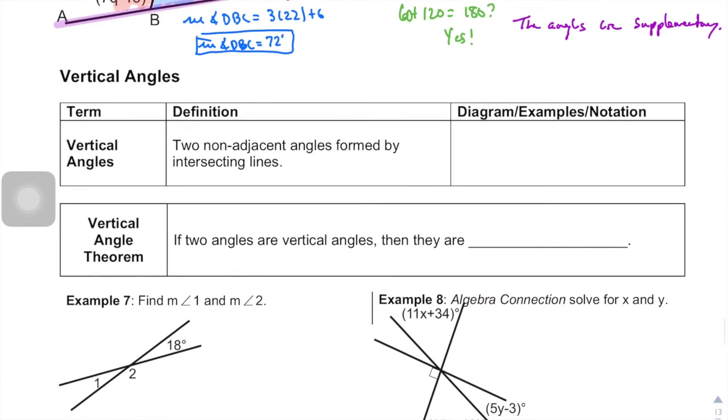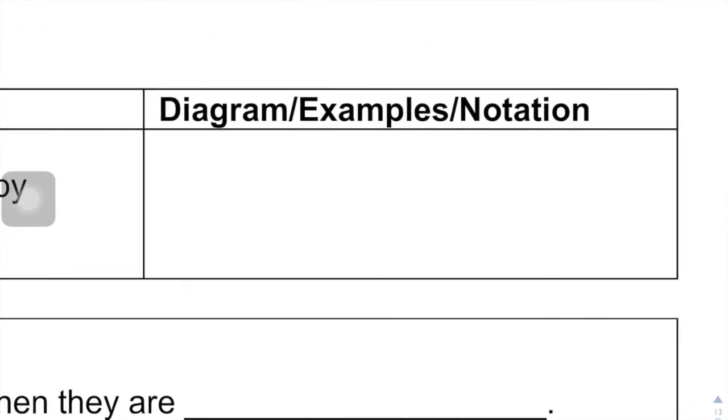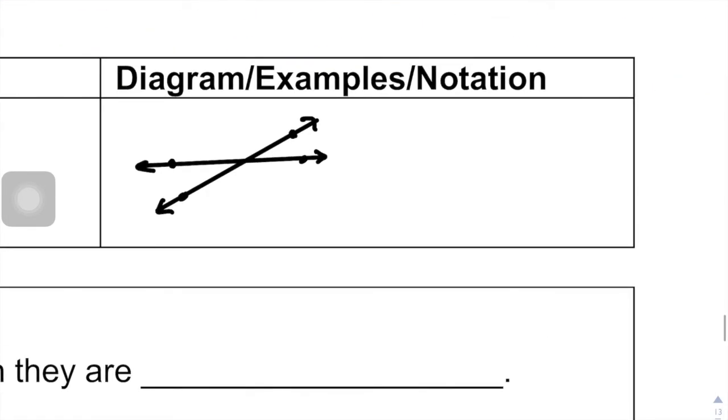Our next angle pair are vertical angles. Vertical angles are two non-adjacent angles formed by intersecting lines. So in this picture, we need to draw two lines intersecting and put some letters in. What we've got to be mindful of is where the vertical angles are.